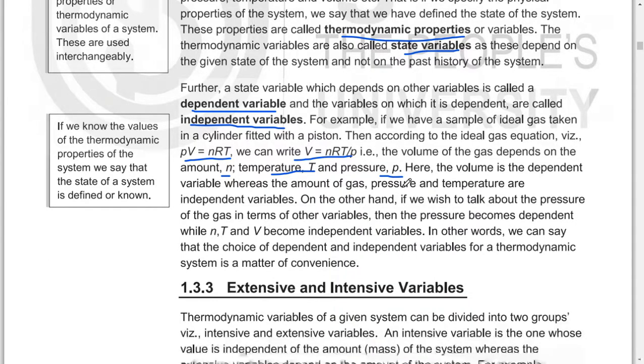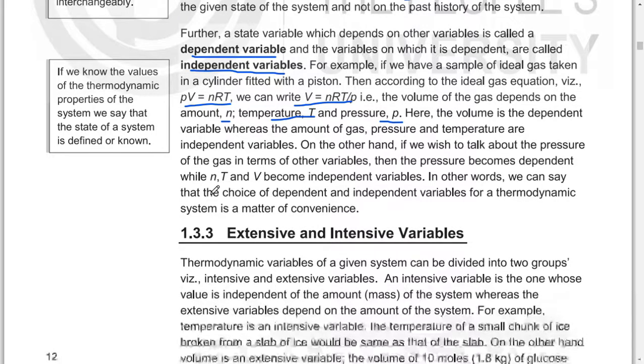On the other hand, if we wish to talk about the pressure of the gas in terms of other variables, then the pressure becomes dependent while n, T, and V become independent variables. In other words, we can say that the choice of dependent and independent variables for the thermodynamic system is a matter of convenience.